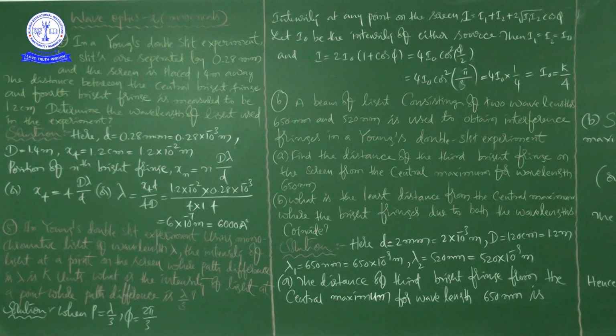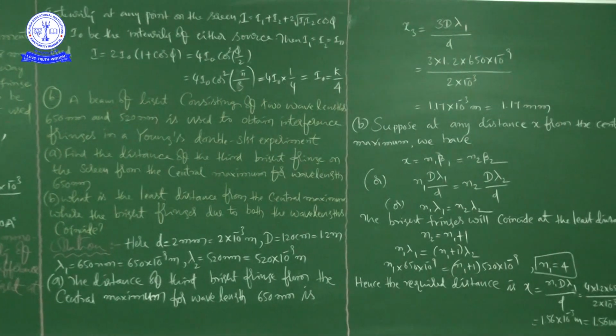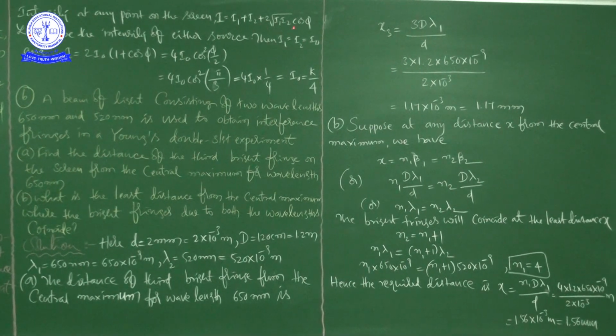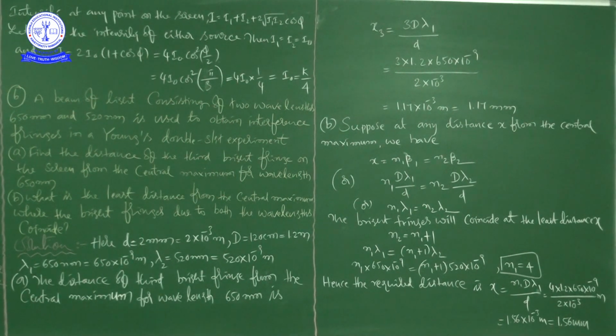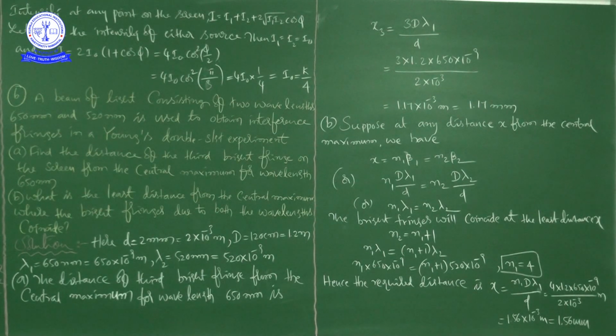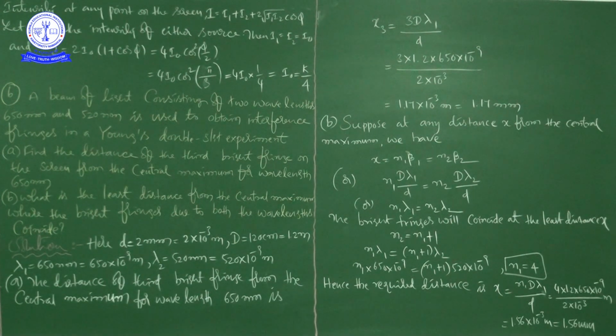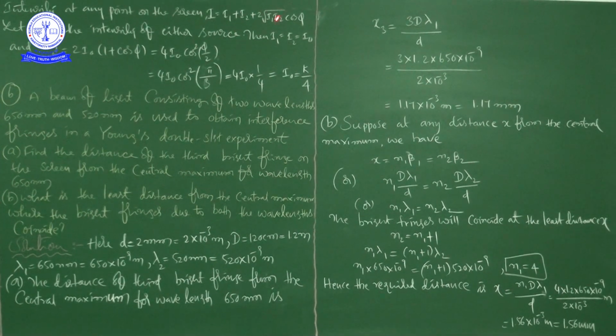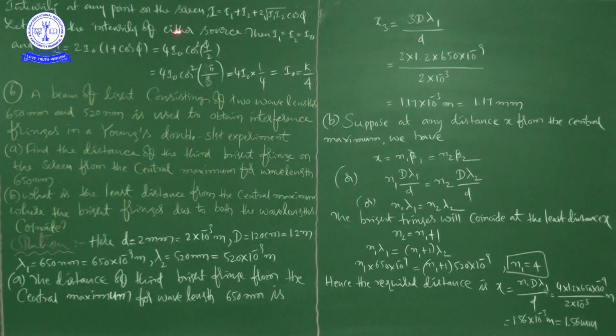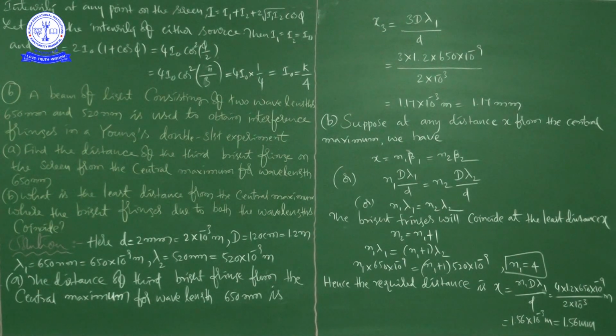Next, see here, the intensity at any point on the screen is I equal to I1 plus I2 plus 2 square root of I1 I2 cos phi. This is the formula we had to find the intensity on a screen at any point, right?